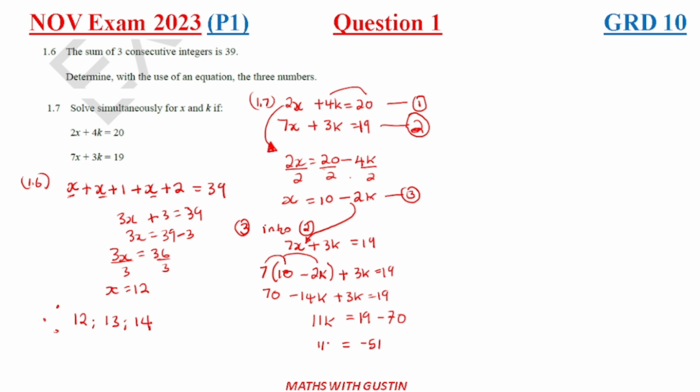So therefore k is going to be equal to, if you divide by 11, 51 divided by 11, let's see, did I make a mistake here somewhere, guys? Oh, okay, I made a mistake here somewhere. Let me see.